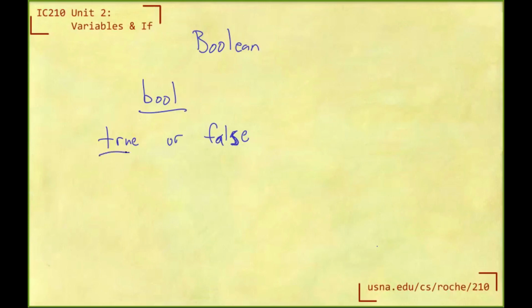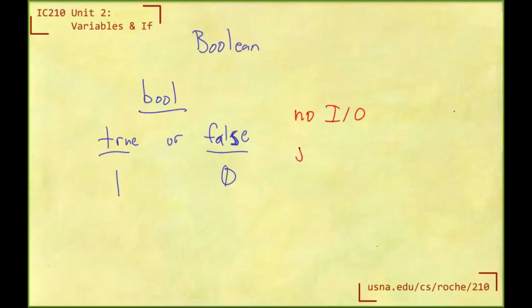And we can use these things to refer to true or false, but that's the same as writing 1 or 0. So true is the representation of the Boolean value 1, and false is a representation of the Boolean value 0. And one weird thing about Booleans is that there's no input output really for Booleans.